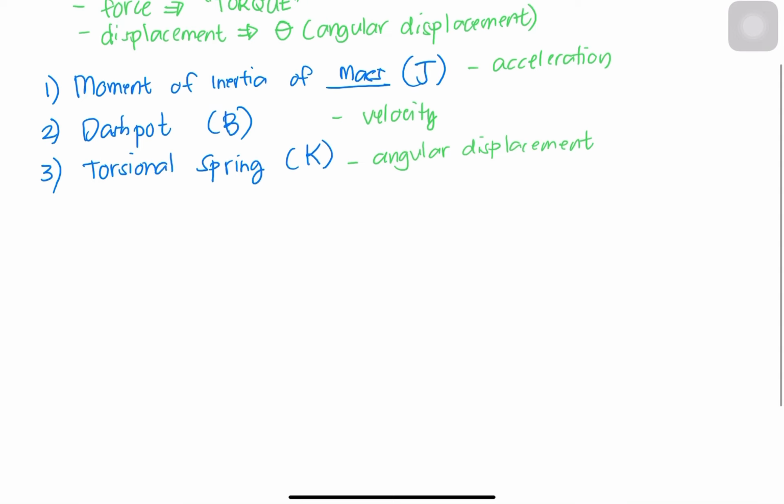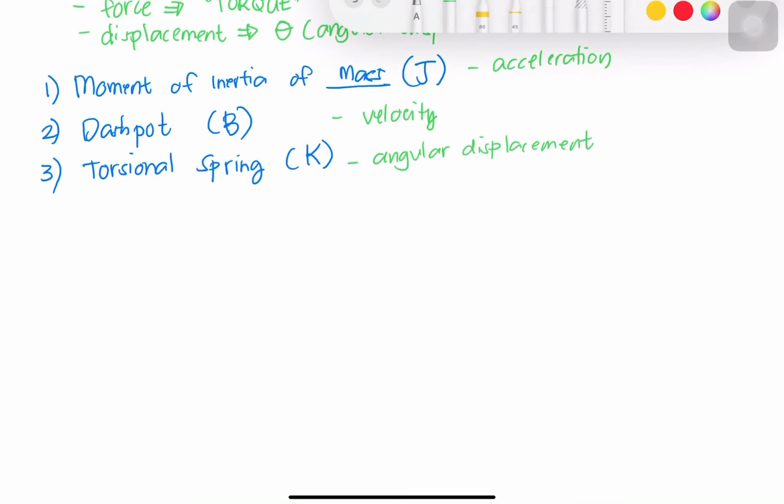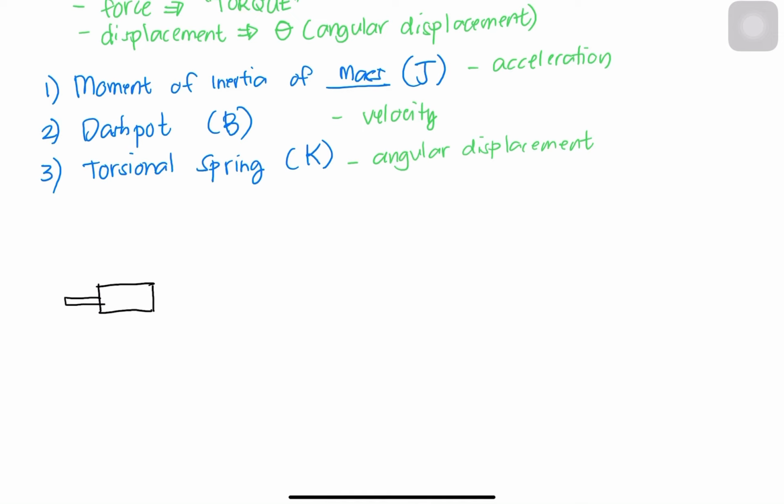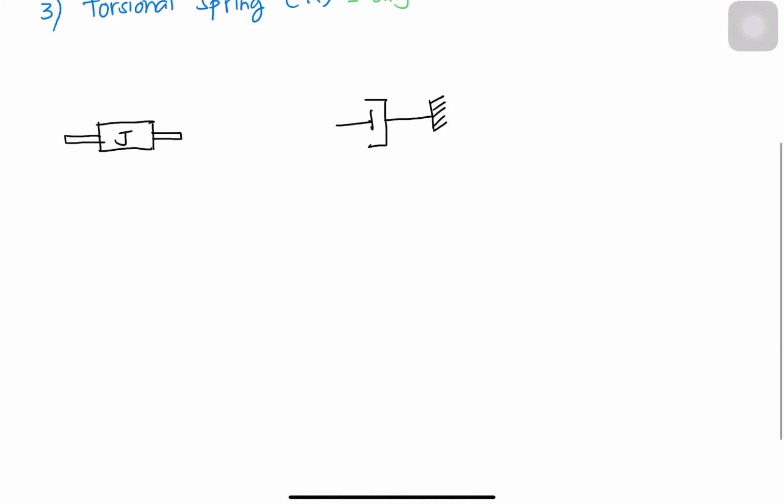So let's draw the three elements. We have the mass, we have the dashpot, and for dashpot, we also have two cases, case 1 and case 2.